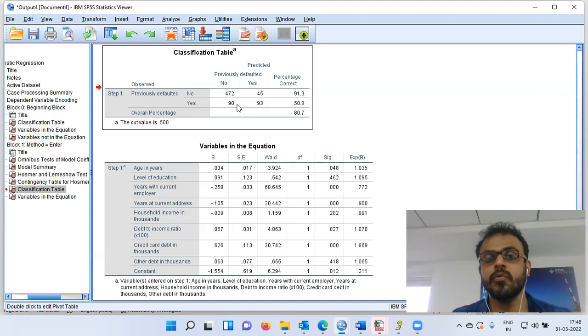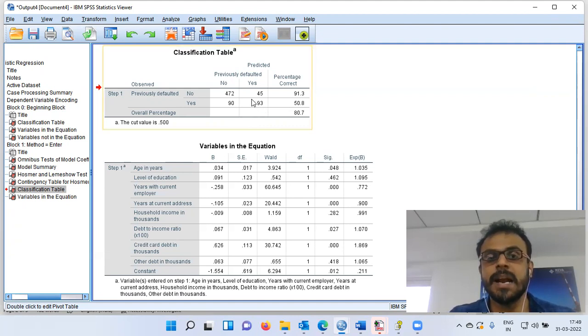I repeat, how do I arrive at this number 183? 90 plus 93 is simply 183. Out of 183 defaulters, my model has incorrectly classified 90 of these people.